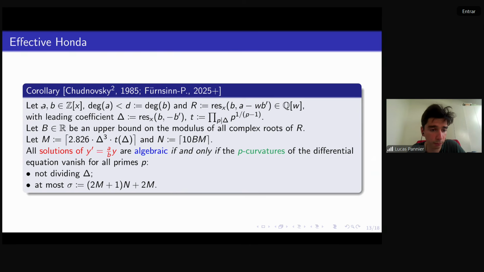If we take two polynomials A and B and compute their Rothstein-Trager polynomial, to which we apply the previous result, with delta the leading coefficient, which is actually the resultant of B and minus B prime, the same T as before, the same B as before, the same values of m, n, and sigma, then we can state that all solutions of y prime equals A over B times y are algebraic if and only if the p-curvatures of the differential equation vanish for all primes p that do not divide delta and that are at most equal to sigma. So we have what we hoped for, an effective version of Honda's theorem.